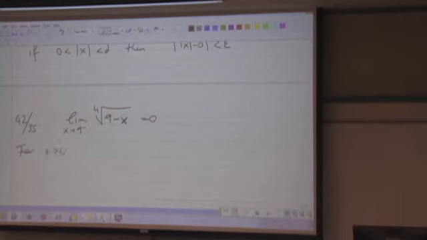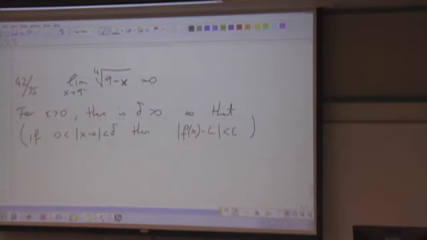For epsilon bigger than 0, there is delta bigger than 0, so that, remember originally, and I'll put it in a parenthesis just so we have it, this is the original definition: if 0 is strictly less than the absolute value of x minus a, which is less than delta, then the absolute value of f of x minus L is less than epsilon. Right?